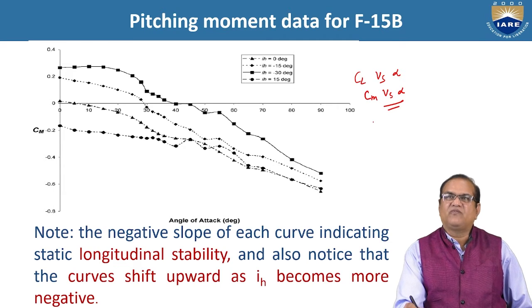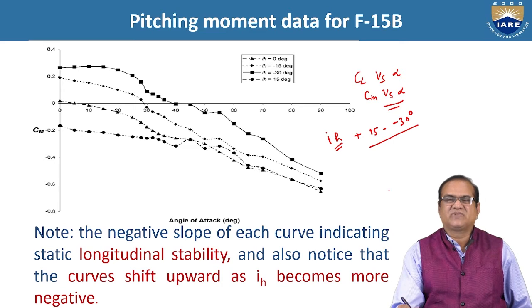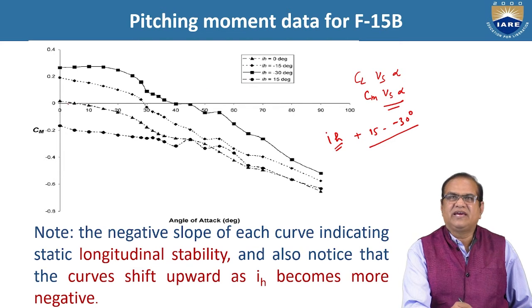And in this also, we have the variation of incidence angle from plus 15 to minus 30 degree IH. So, we can see here that at 0 degree, what is happening? It is the triangular one. Here, this you can see. This is the plot for the 0 degree.